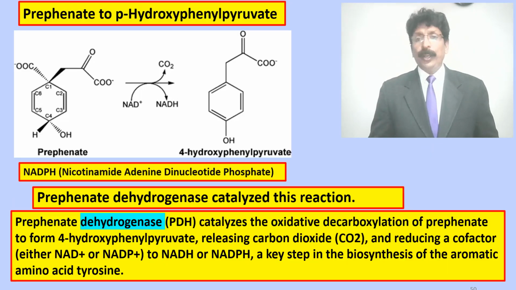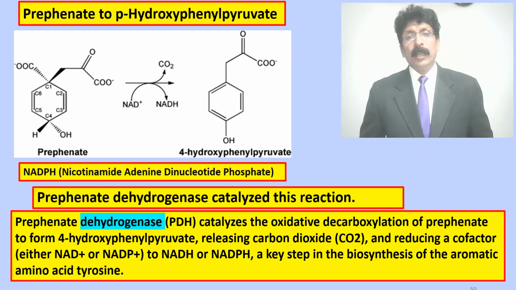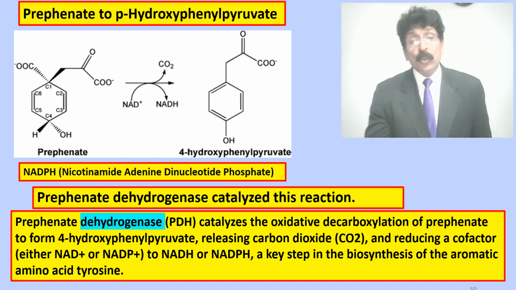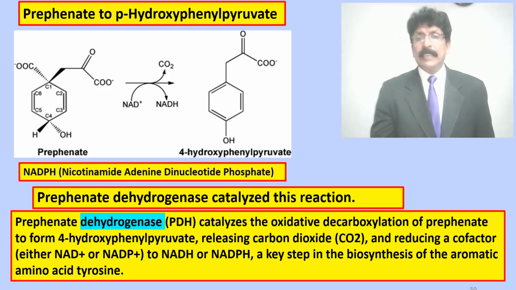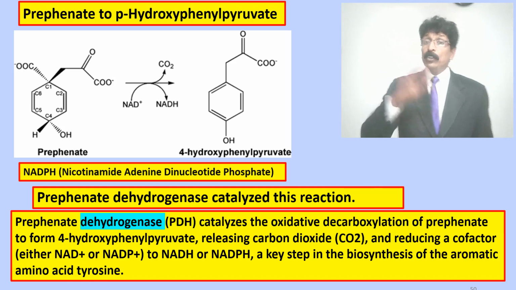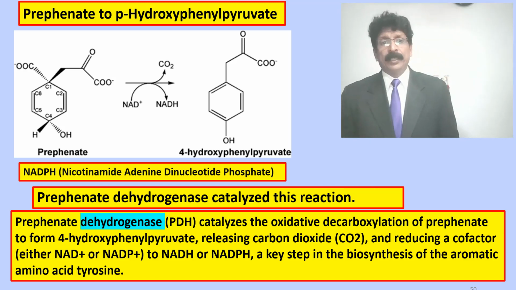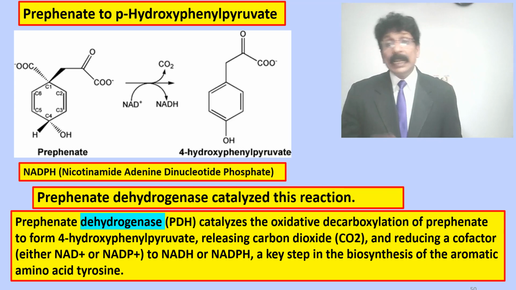So here this NADPH can also be the key step in biosynthesis of the aromatic amino acid tyrosine. Here you can get the release of carbon dioxide.